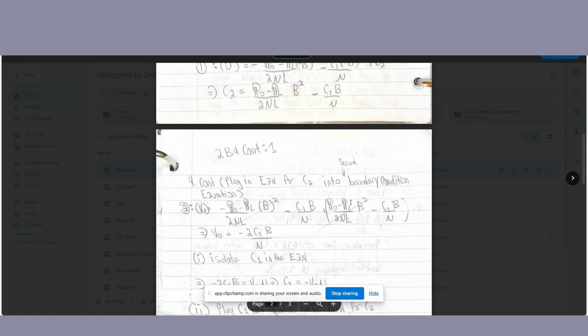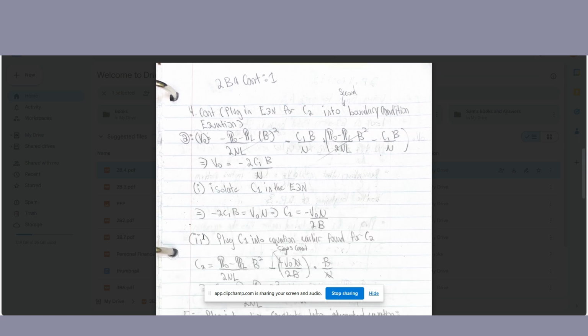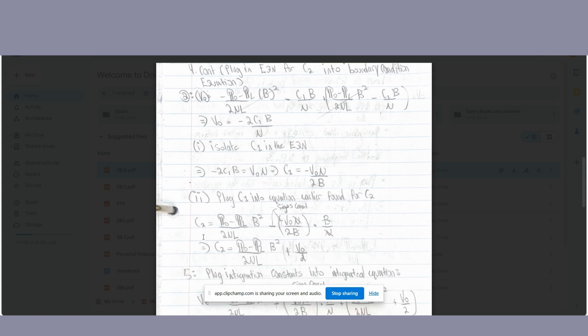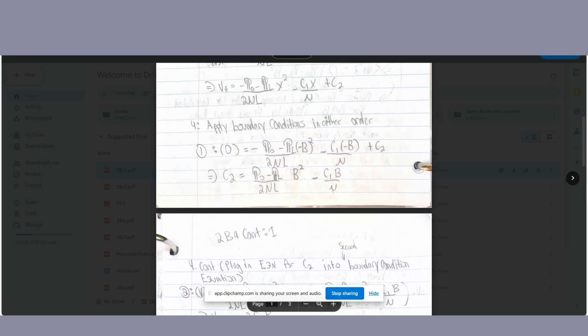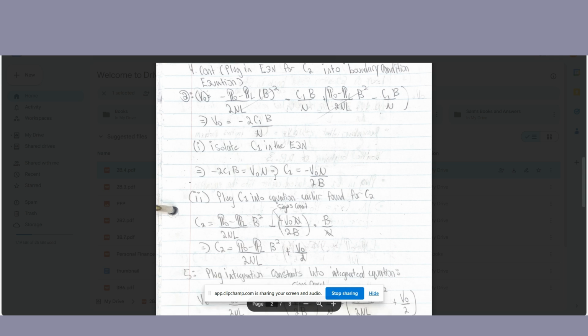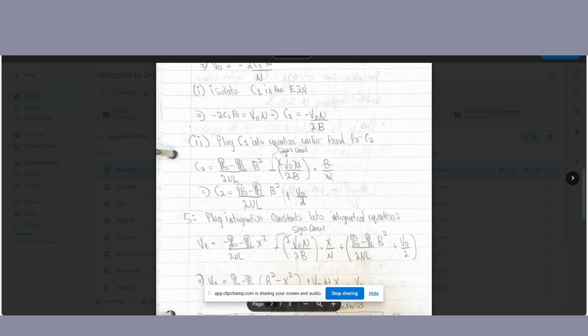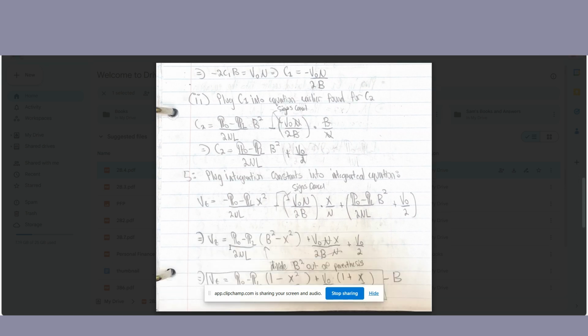And we eliminate canceling terms here. We get negative c1 b over viscosity equals v0. And so we need to isolate c1, so we can plug that into the velocity equation. And then we plug c1 back into the equation for c2, just to solve out this equation here. And we get c2 equals this. And now we can plug in c1 and c2 into the equation.